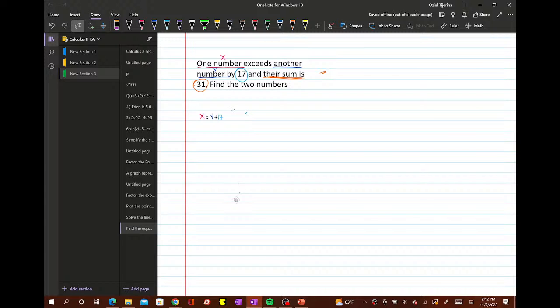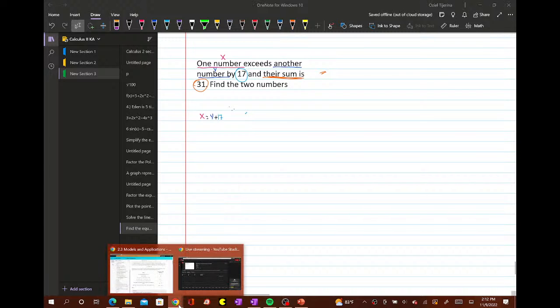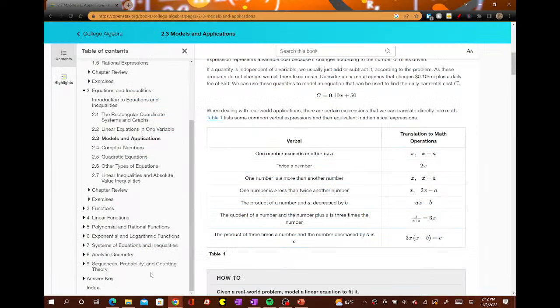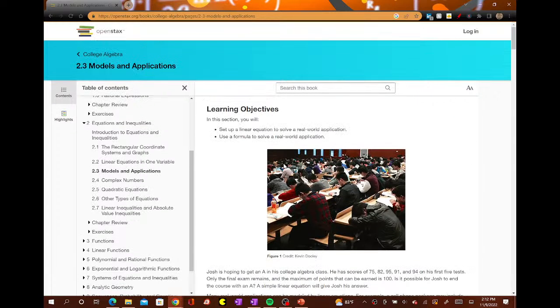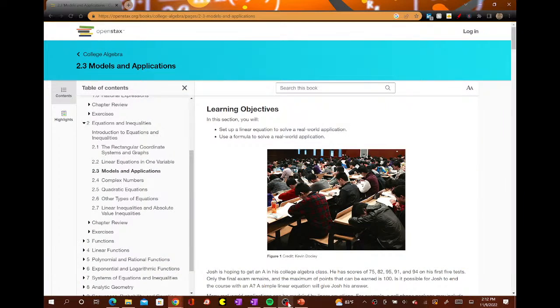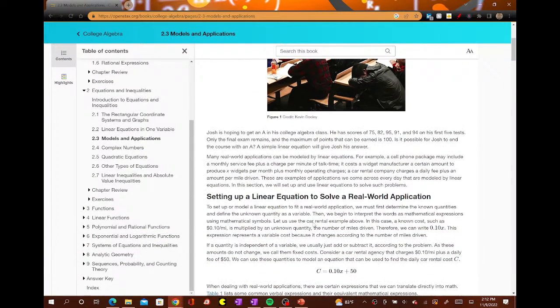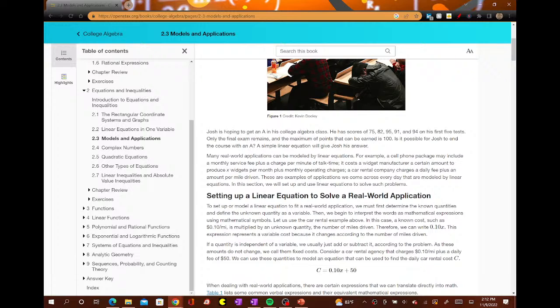Looking at the textbook, this is how the section looks. I just want to make sure my microphone is on. Okay, so we're not going to read all of this.